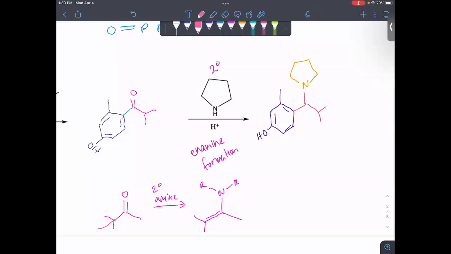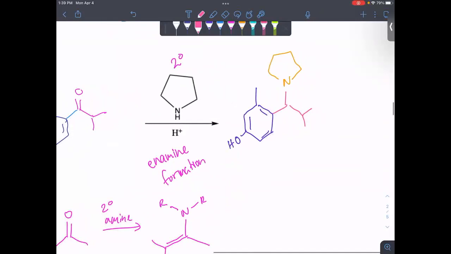It can't go on the left side because there's no free hydrogen on this carbon, so we can't possibly form the double bond via elimination. So we have to put it on this isopropyl side. And it's very good because it's tetrasubstituted. And that's your final enamine product.